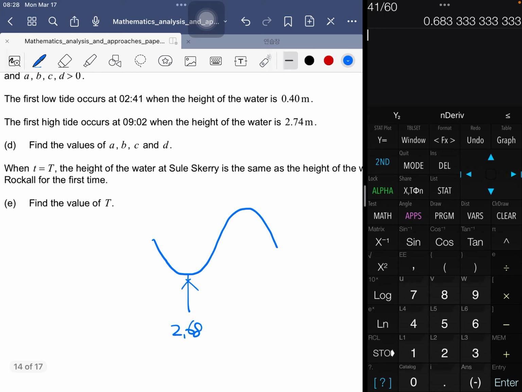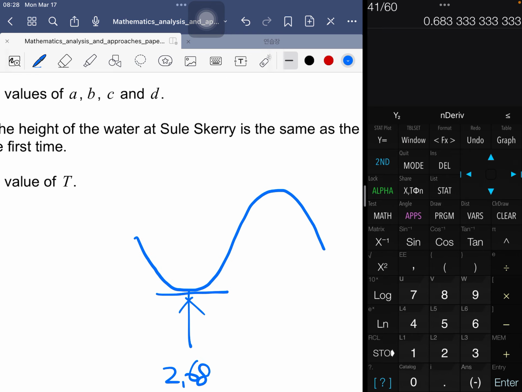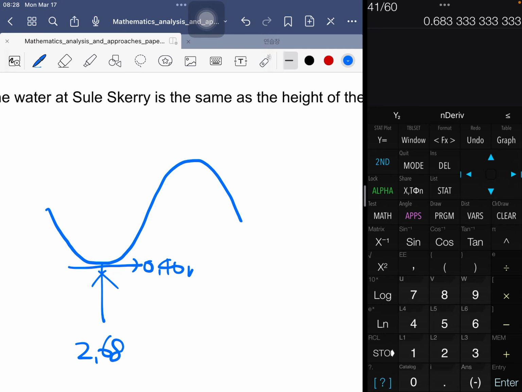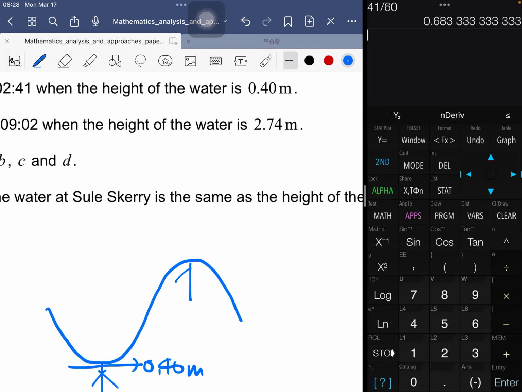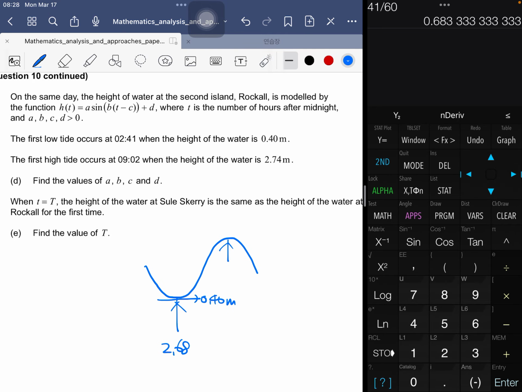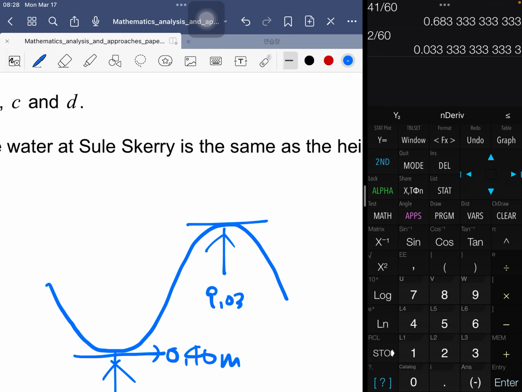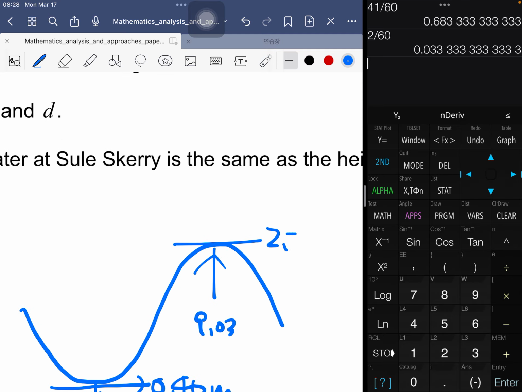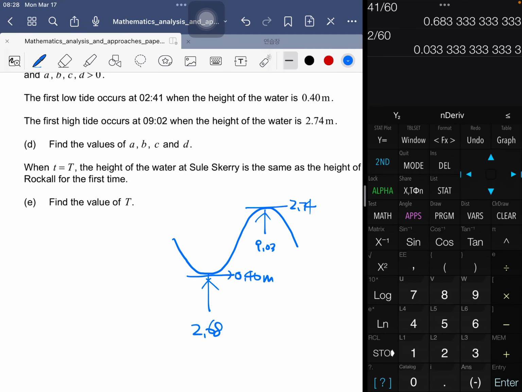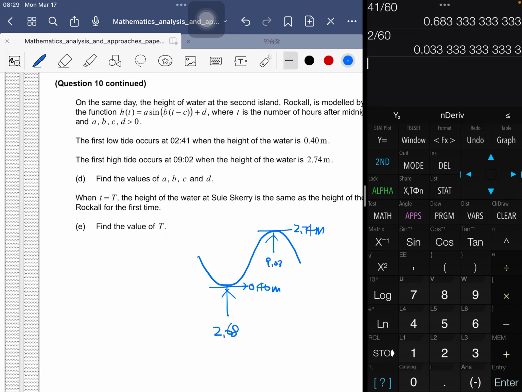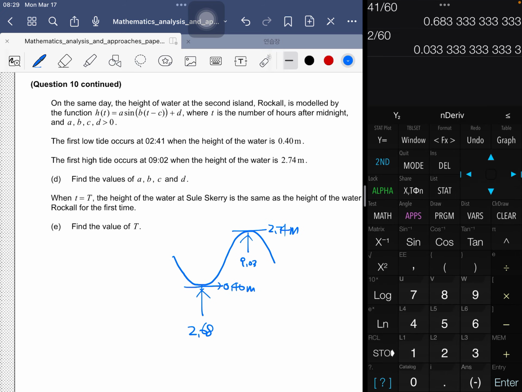This first low tide height was 0.40 meters. And the first high tide over here is 0902. So 2 divided by 60 is 0.03, so 9.03. When t equals 9.03, the height was 2.74 meters. Find the value of A, B, C, D.